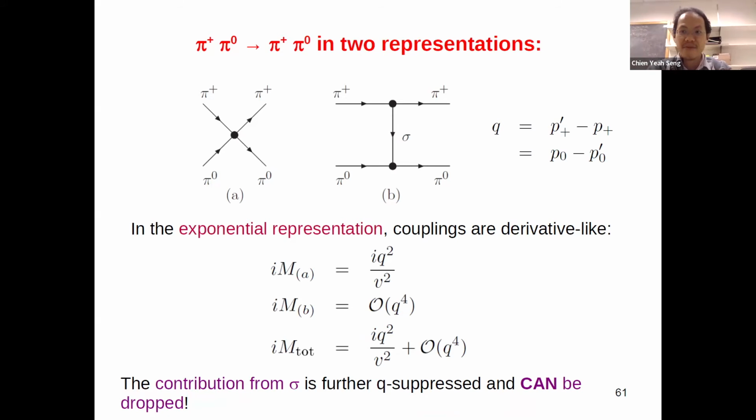Therefore, in the exponential representation, you can actually disregard the sigma in the Lagrangian if you are only interested in the interaction of the Nambu-Goldstone boson. So this is the power of the nonlinear representation of the Nambu-Goldstone boson, that its coupling or its interaction is automatically suppressed by the small momentum of the Nambu-Goldstone boson.